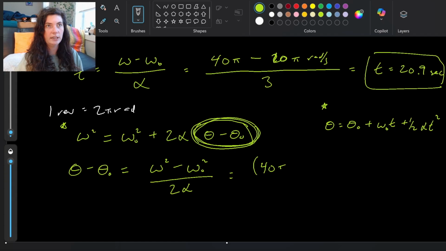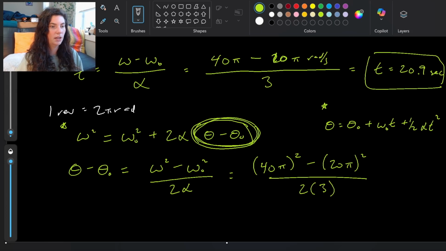This is again where it's really important that I converted from revolutions into radians, because I'm going to be squaring these. So 40 pi, all of that squared, minus 20 pi, all of that squared, divided by 2 times our angular acceleration, which was 3. And when I punch that into my calculator, it gives me 1973.9 radians. So that's how many radians it's going through to reach that new angular velocity.